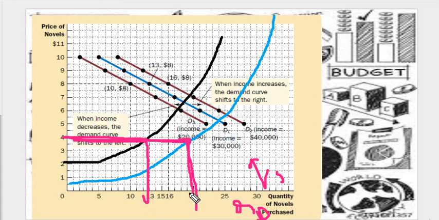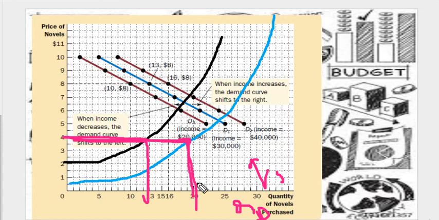That means there must have been some kind of technological change which enabled those suppliers who weren't willing to supply before, but now they're willing to supply in the market, because they can manufacture the commodity at cheaper prices. So if they can manufacture the commodity at cheaper prices, more and more suppliers will be interested to supply that commodity in the market.